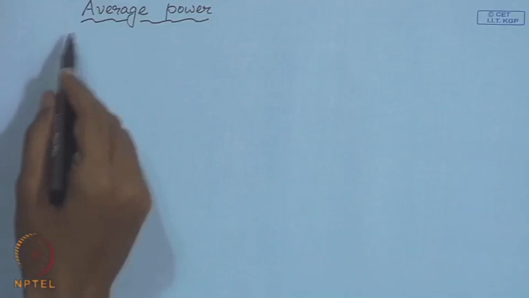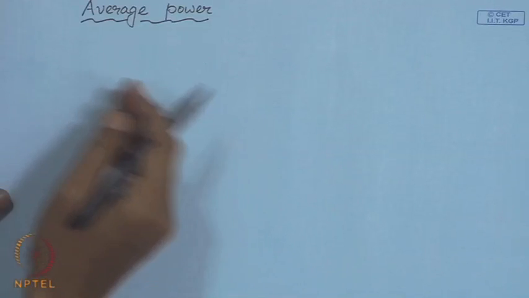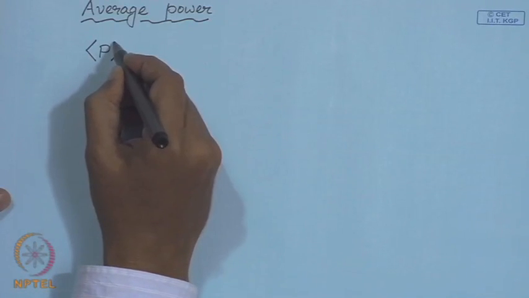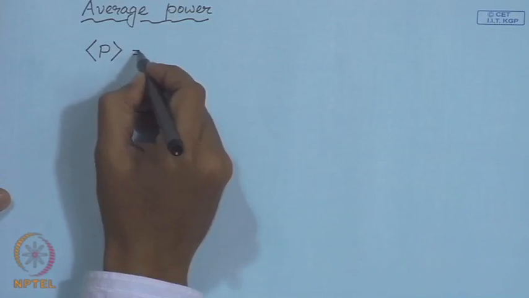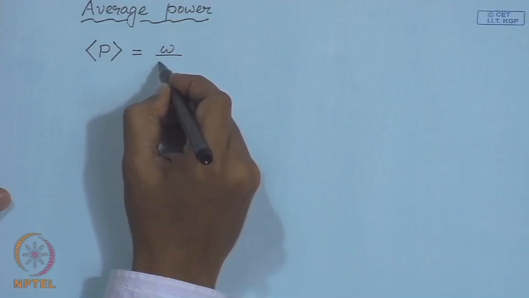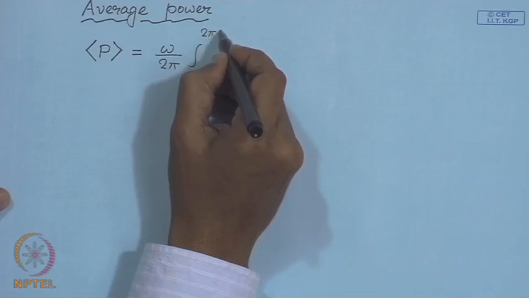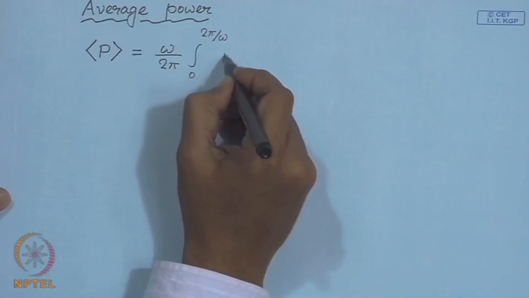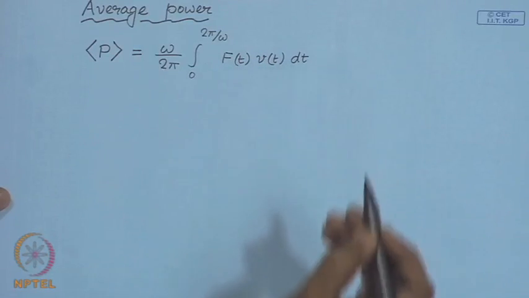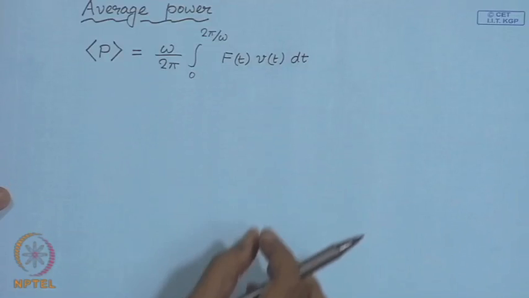So, this average power, if you represent the force and the velocity normally in vibration courses, you define it like this, where this force and velocity are real functions.